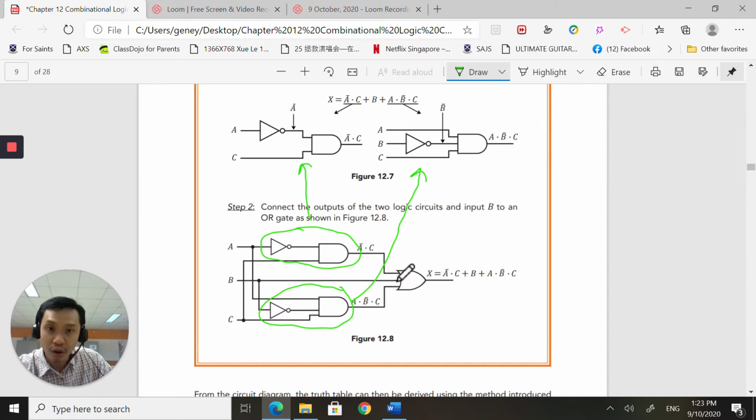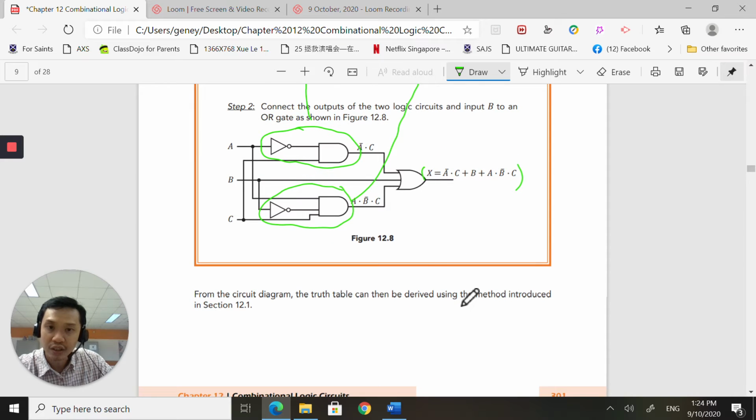All these three go into a 3-input OR gate to give me the output expression. I hope that you get it.